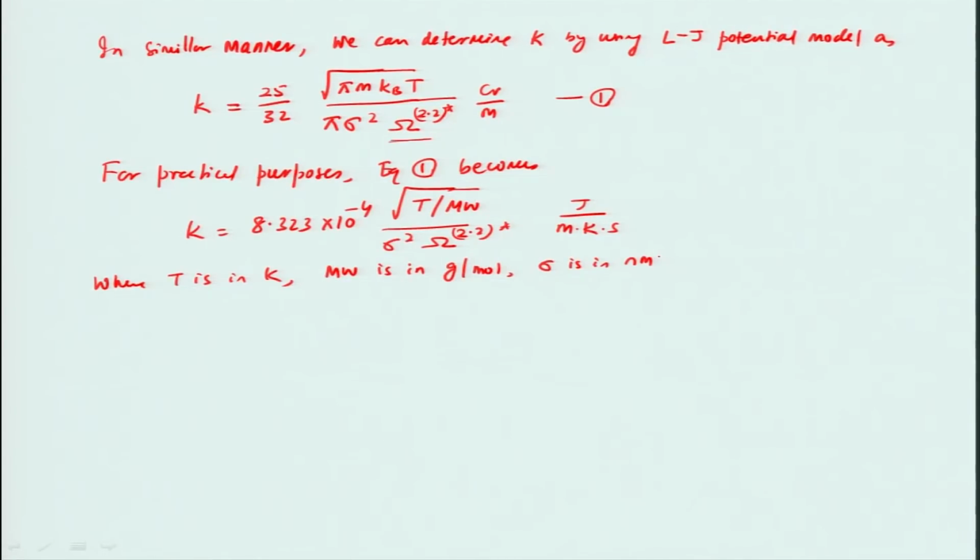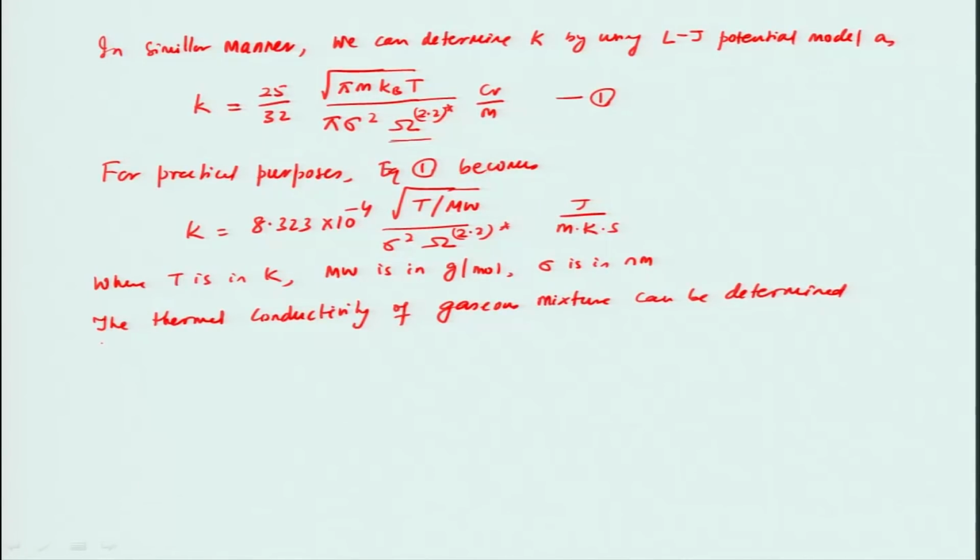This of course corresponds to one species, but there might be several of them, so you need to calculate for mixtures. The thermal conductivity of a gaseous mixture consisting of different species can be determined by using the following empirical relationship.